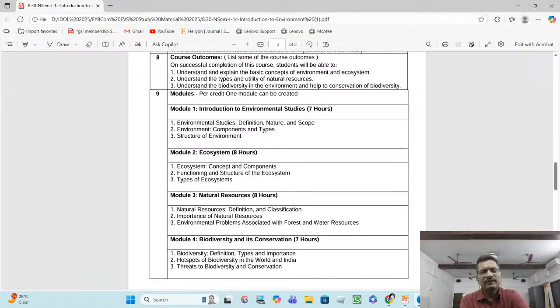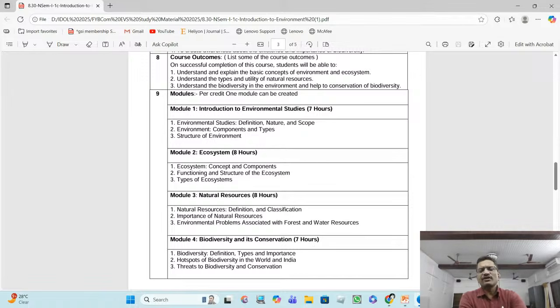And the last point, threats to biodiversity. What are the man-made factors contributing to the biodiversity threats? And what are the methods of biodiversity conservation?